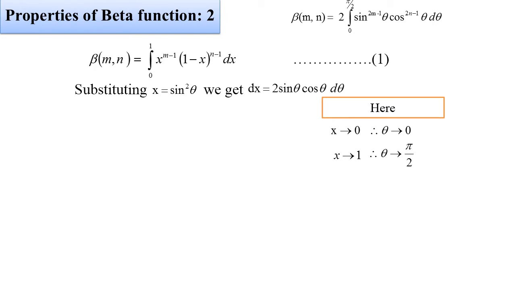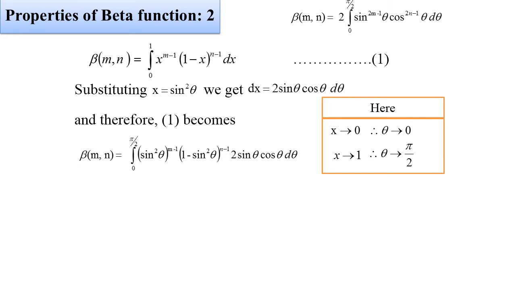So the limits from 0 to 1 become 0 to pi/2. We substitute all the values, and the beta function becomes the integral from 0 to pi/2 of sine square theta to the power m minus 1, times 1 minus sine square theta to the power n minus 1, times 2 sin theta cos theta d theta. After simplifying this, we get our desired result: 2 times the integral from 0 to pi/2 of sin to the power 2m minus 1 theta, cos to the power 2n minus 1 theta, d theta. Thus we prove the second property of the beta function.